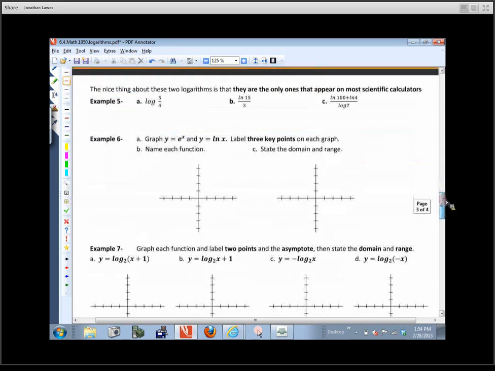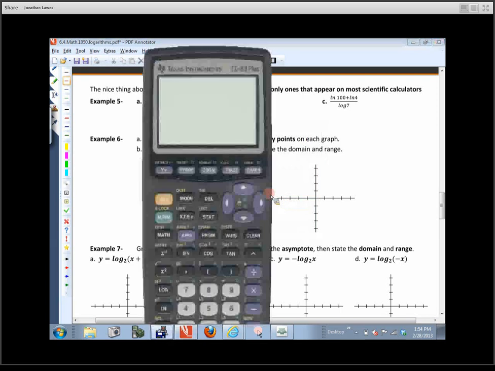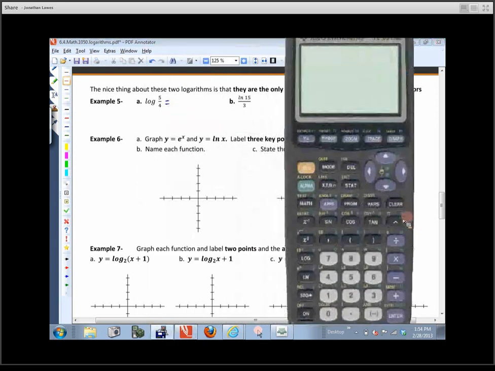The cool thing about those 2 is they're the only 2 logarithms you're going to find on a calculator. Okay? So I can actually find really wild logarithms on a calculator. So grab your calculator real quick. If I want to find log of 5/4, make sure you type it in correctly. Here's the common log right there. 5 divided by 4, it would be a good idea to close the parentheses there.